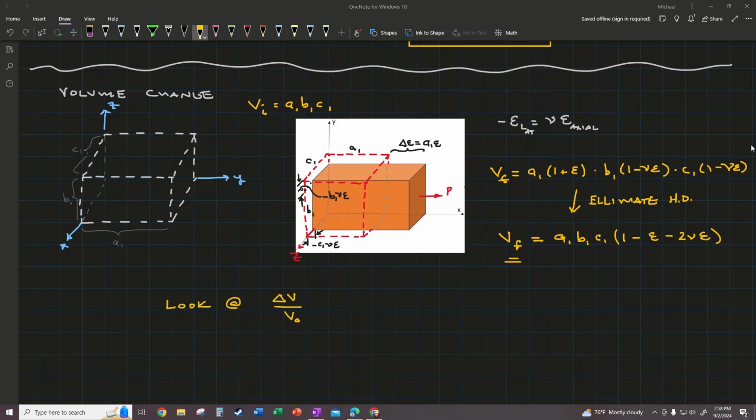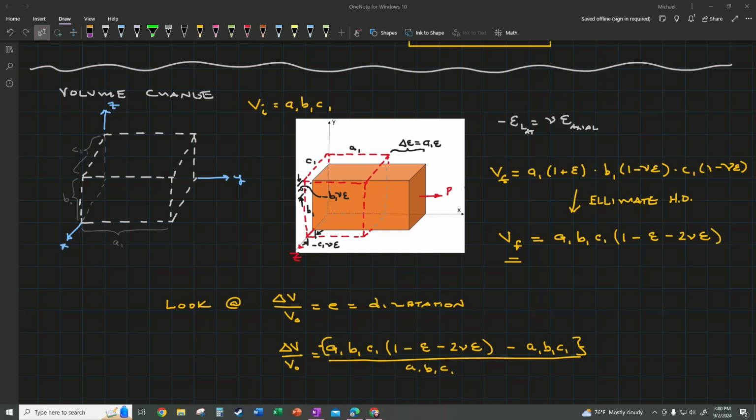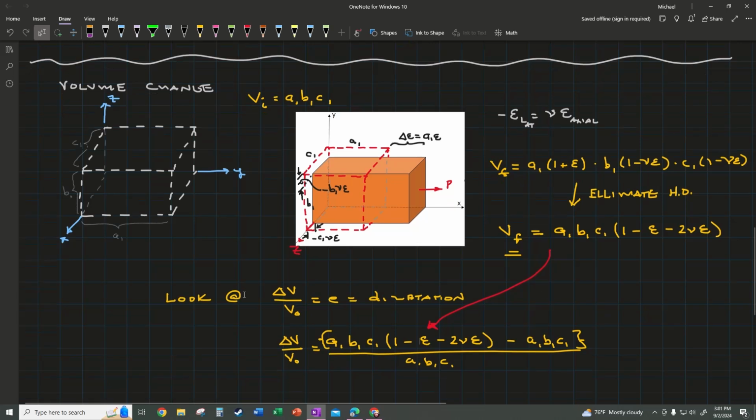So I want to look at the change in volume over the original volume, and I'm going to call this E, which is the dilatation. I'm going to take this final volume here and subtract off the initial volume to get a delta V, and then divide it by the initial volume.